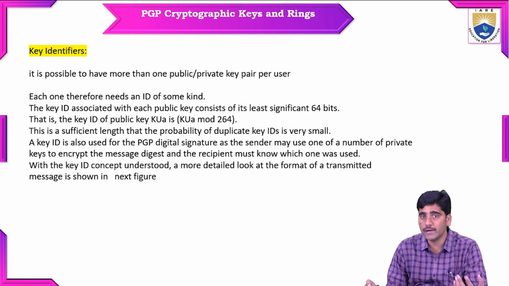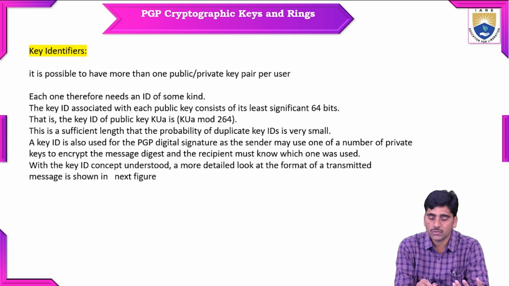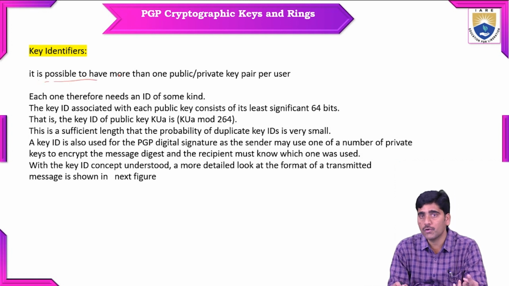Next one, key identifiers. Which type of key is generated, and what is the ID of that key when it is generated? It is possible to have more than one public or private key per user.